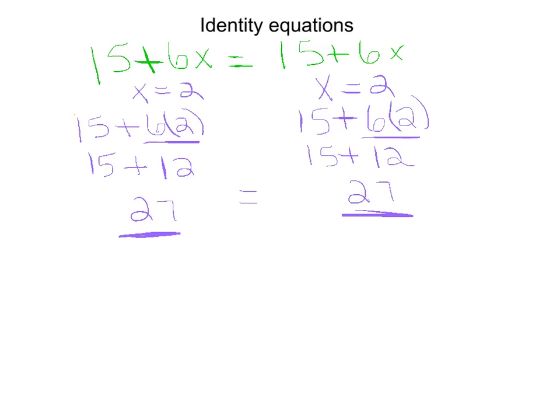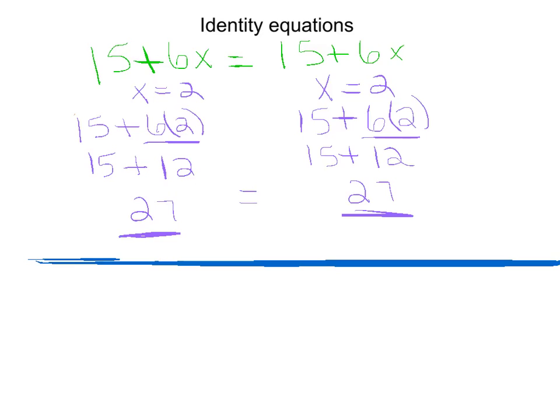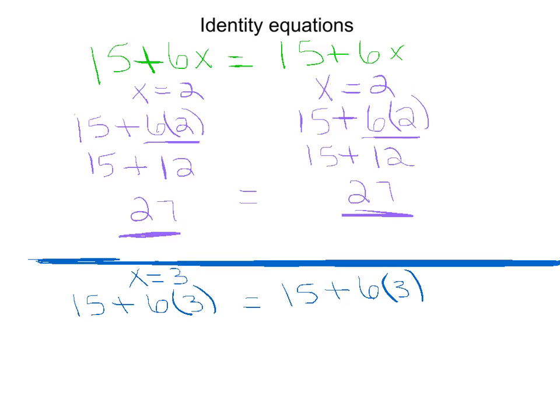So let's try using 3 as the variable. Let's do x equals 3. 15 plus 6 times 3 and 15 plus 6 times 3. I'm going to multiply first, following my rules of order of operations, and I get 33.